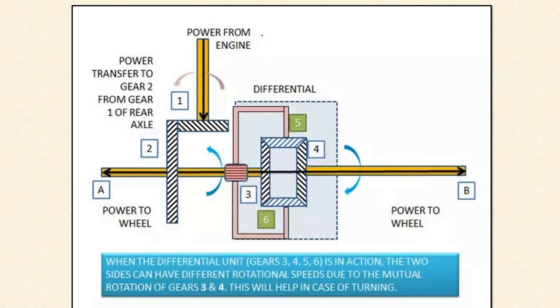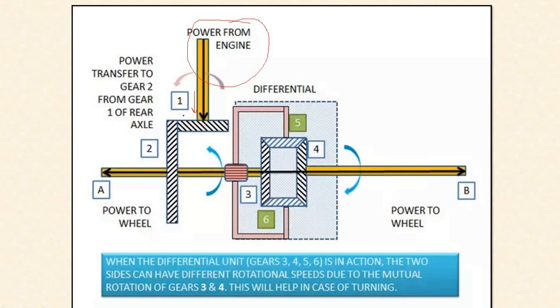This is the unit which is connected with the engine part. It receives power, and with the help of transmission system and propeller shaft, it directly delivers it to differential part.